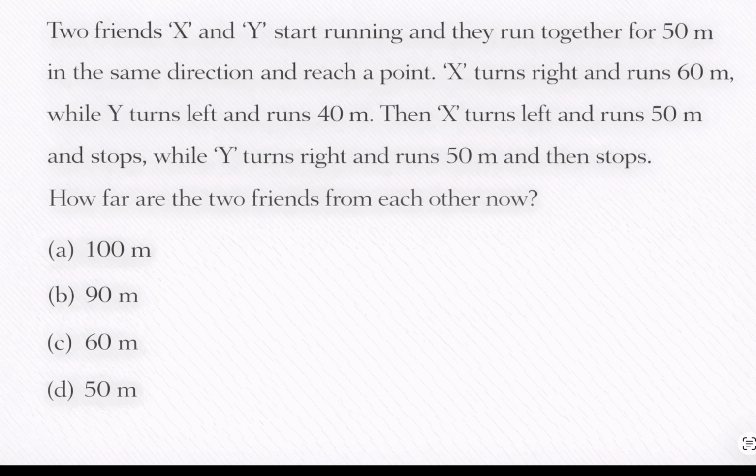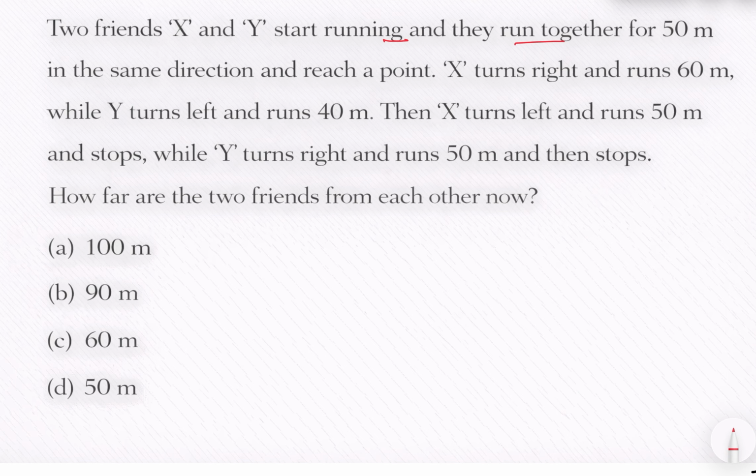Two friends X and Y start running and they run 50 meters in the same direction. Suppose A is the starting point. They will walk 50 meters in the same direction.